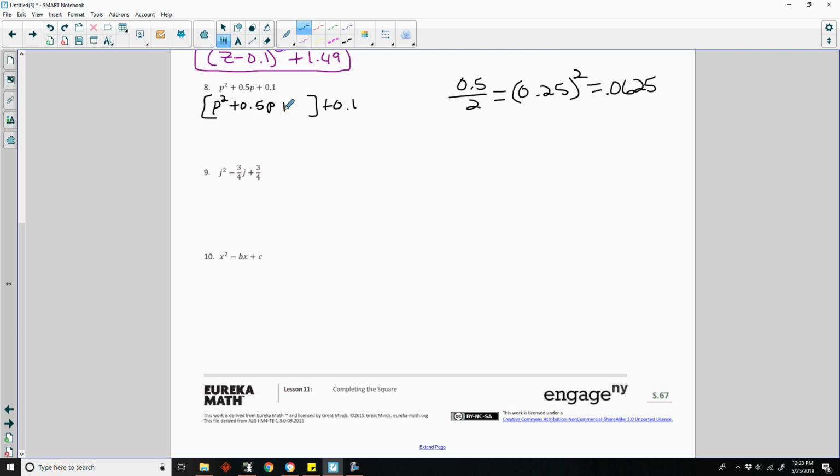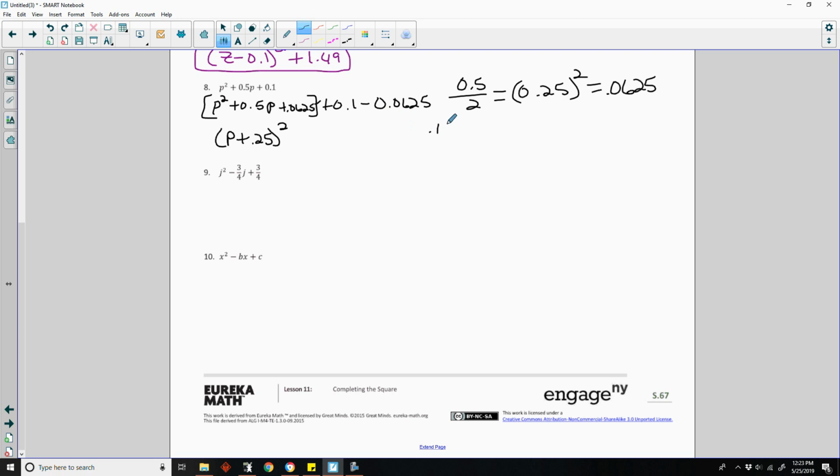So I'm going to be plus 0.0625, and since I added that to this, now it's no longer equal to this, but I have to subtract 0.0625 from that side, and then when I take the perfect square of this, it's going to be p plus my half of my middle term, 0.25 squared, and then 0.1 minus 0.0625.